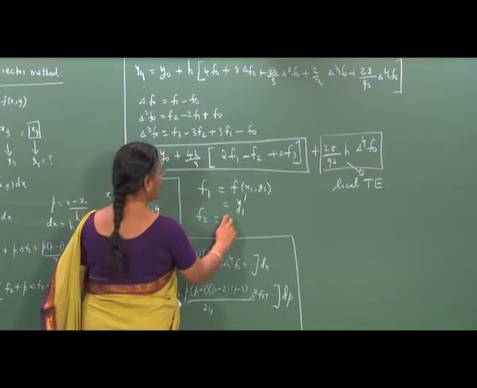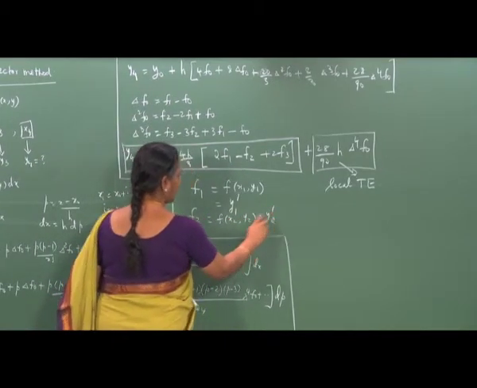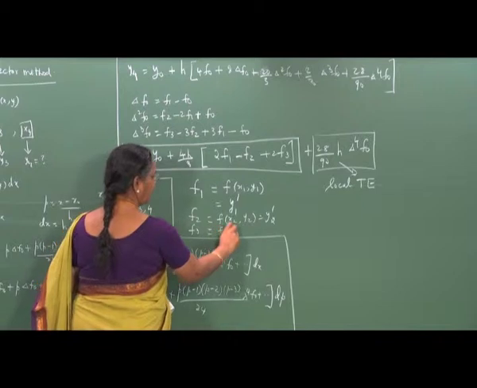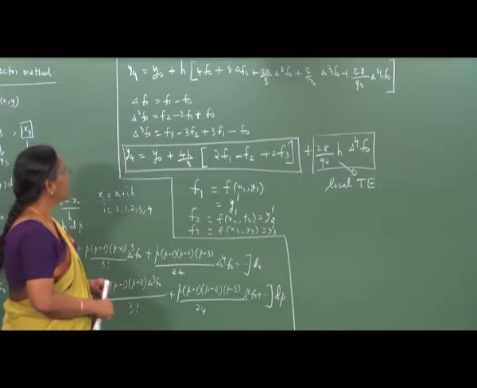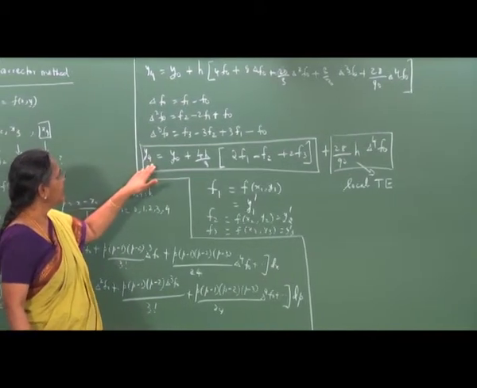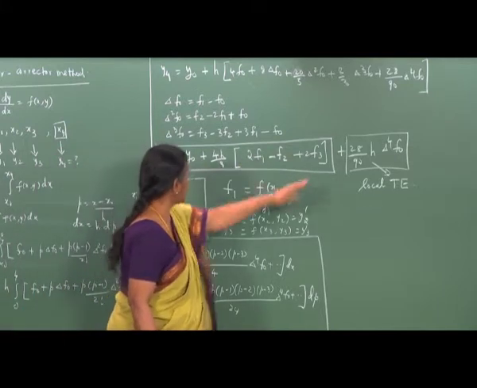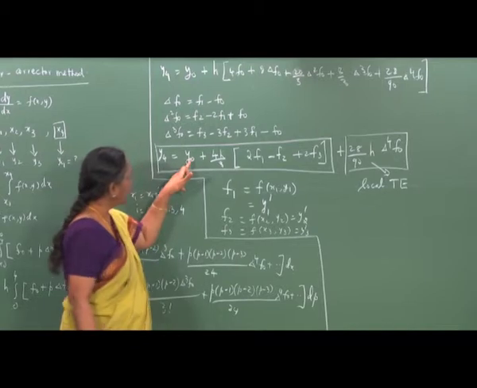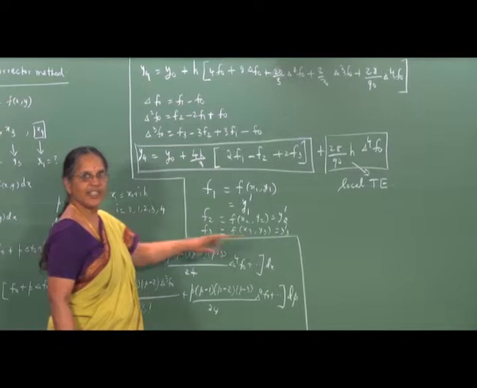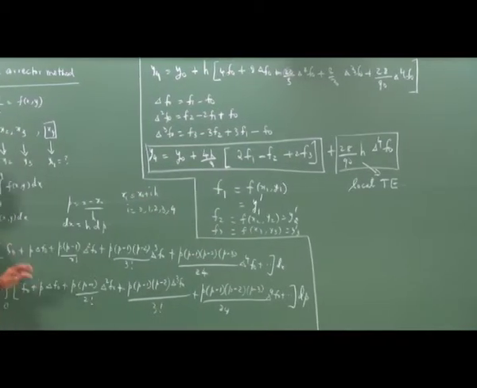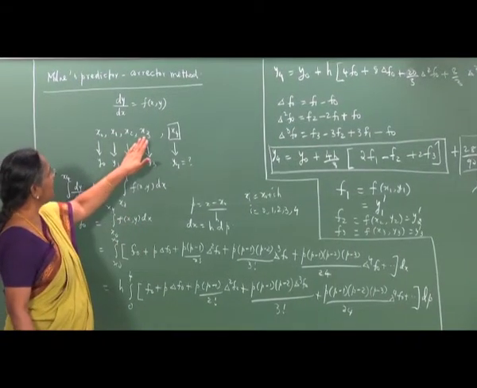Similarly, f2 will be f at x2, y2, and so it is y dashed at x2, and f3 is f at x3, y3, and that will be y dashed at 3. So, the solution at x4 given by y4 depends on the solution at the previous points, namely x0, x1, x2 and x3, and that is why we assume that we already have some information about the solution at the previous 4 points.